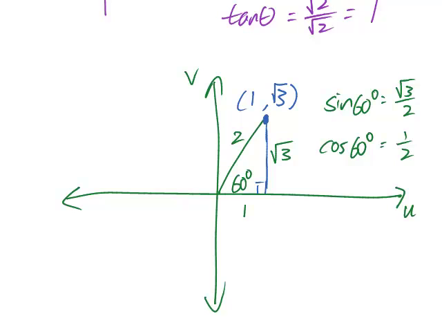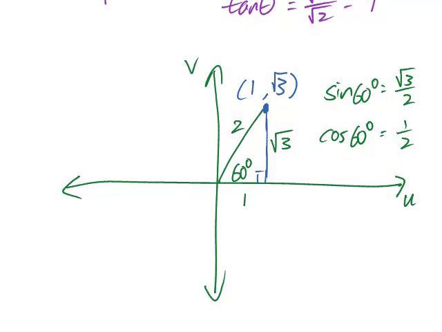So notice that you can find the sine and cosine of 60 degrees not by looking at the sides, but by looking at the coordinates of the point. Ultimately they're the same thing, because you go 1 to the right, so the length of the bottom leg is 1, and the u coordinate is 1. But you can still use those coordinates as opposed to the sides if you were just given the coordinates.